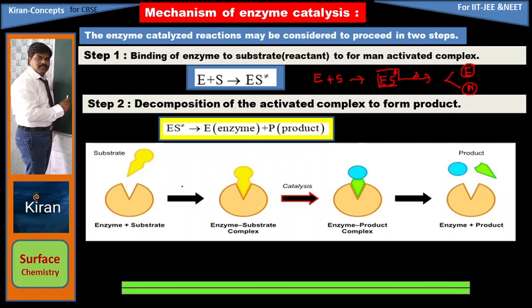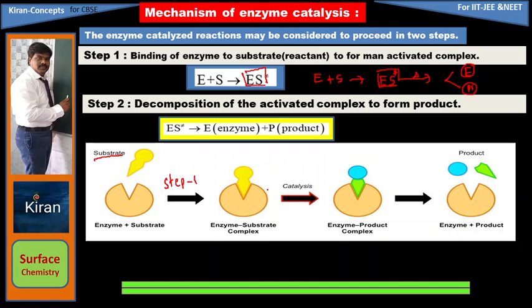See here the diagrammatical representation. This part is the enzyme. This is the substrate, which means reactant. Both combined together, enzyme plus substrate, give the activated complex. This one is the activated complex, step 1.